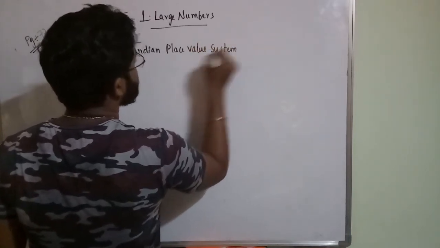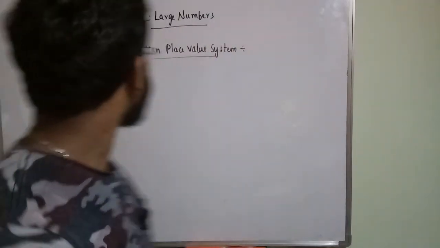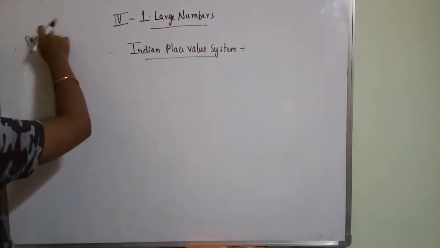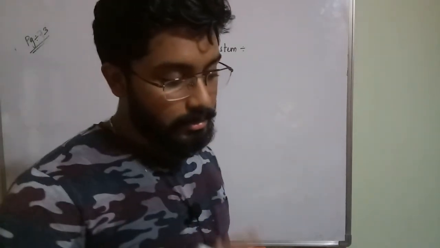Indian place value system. Clear? So in your page number 73 there is a big box showing the heading Indian place value system.